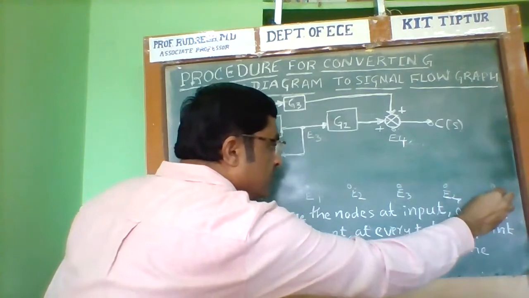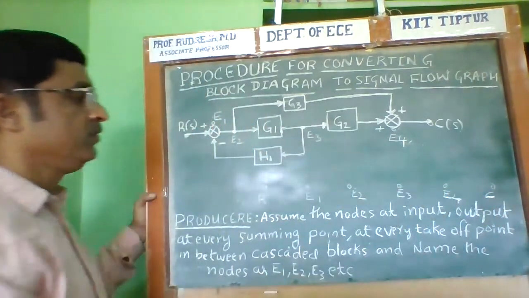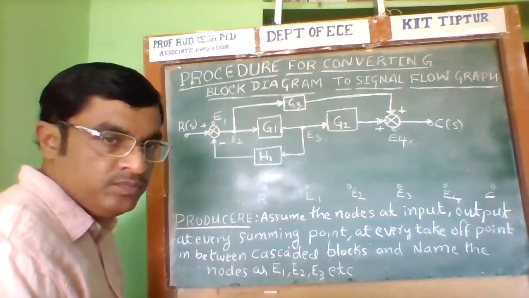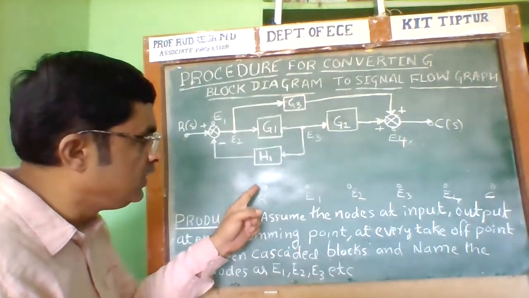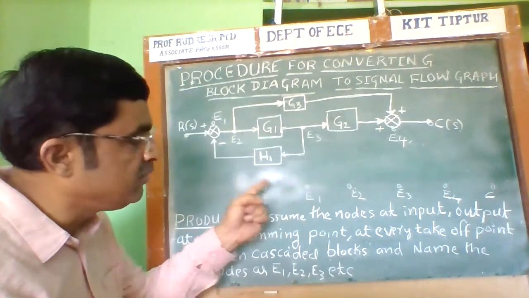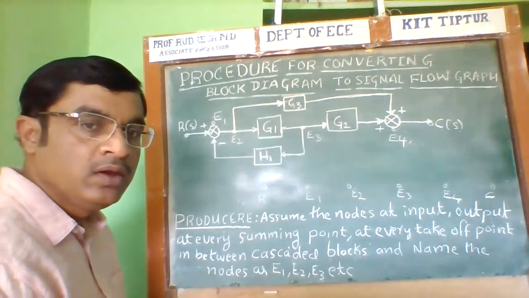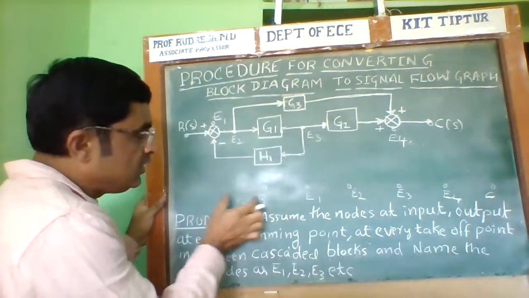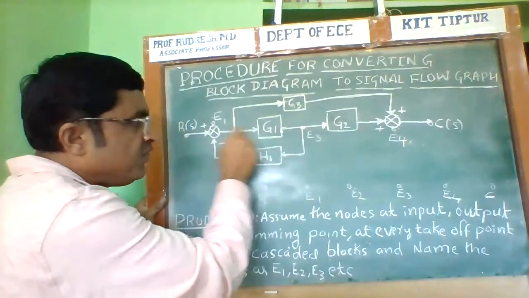This is the C node. After assuming the nodes, we need to draw these nodes as small circles and name the nodes once again. And then we need to identify the gain from the main forward path.